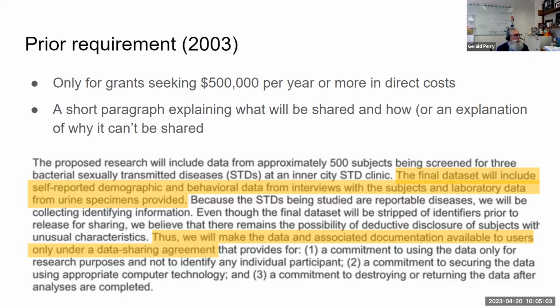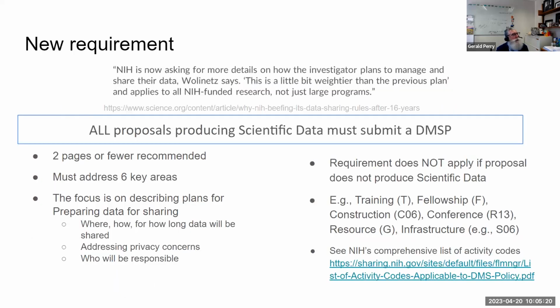Folks might see we've got an instance up on the screen. We've color-coded the area where we're explaining the nature of the data and then why some of it will be made available and why some won't. In this instance, there was a data sharing agreement that had implications.